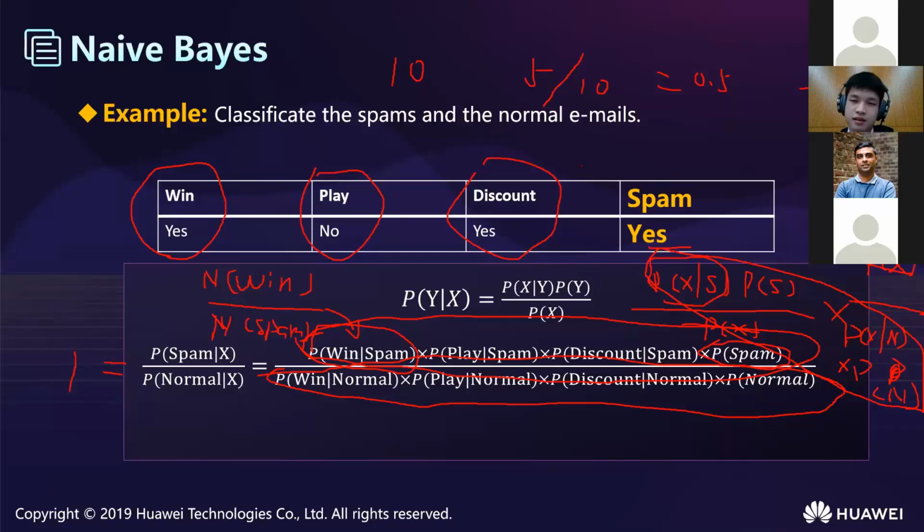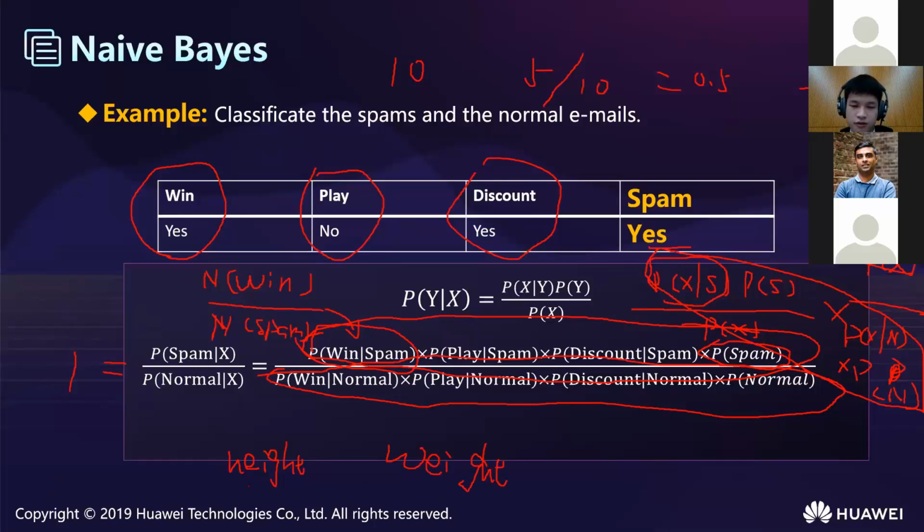Okay. But naive Bayes does not perform very well if the features are dependent. That means maybe some features like the height and the weight of a human.